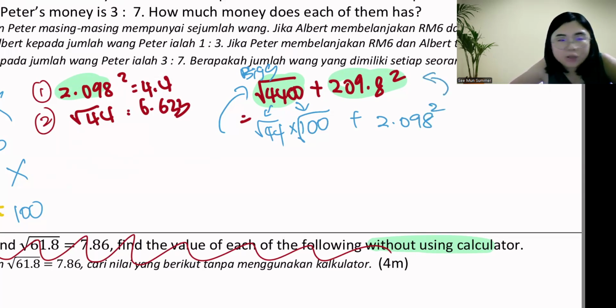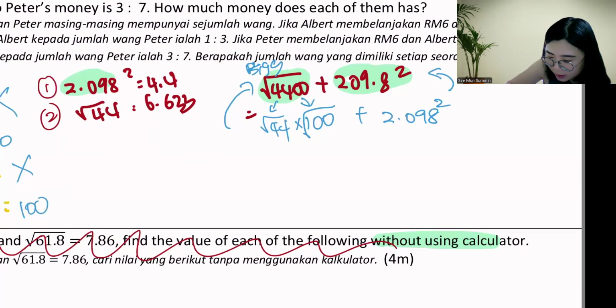Does it become bigger or smaller? Bigger also, right? If it's bigger, I need to times. If it's smaller, I need to divide. Times. How many zeros? 1, 2, right? So you times by 2 zeros again. Because this is square, on top, I need to put square also.